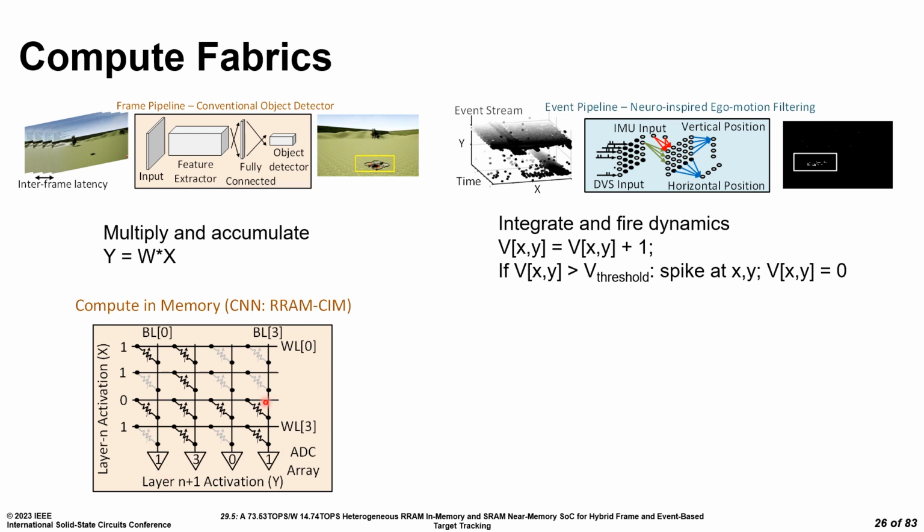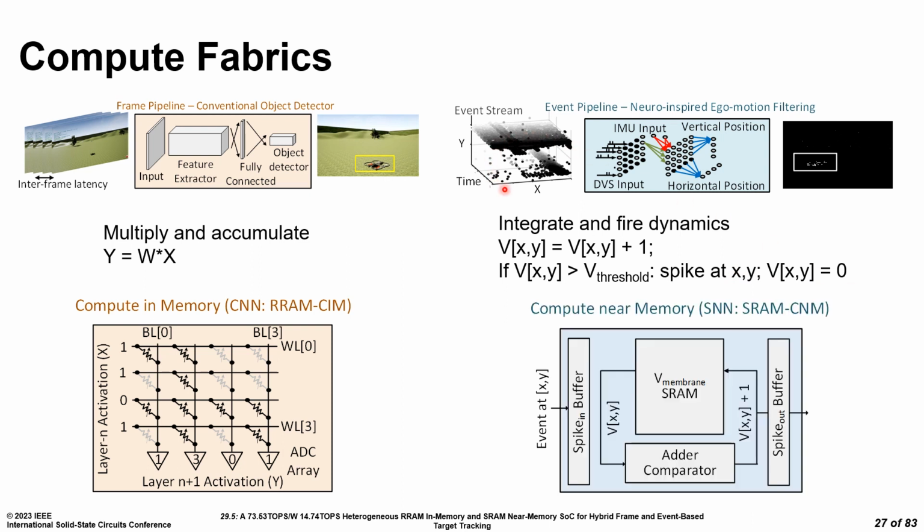The SNN has a different requirement because spiking neurons operate with integrate and fire dynamics. If an event is generated at x, y, then the membrane potential of the neuron at x, y needs to be updated like this. If the membrane potential exceeds the threshold, the neuron generates a spike, and this triggers activity in the layers that follow.